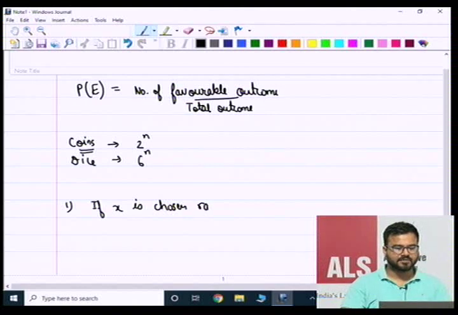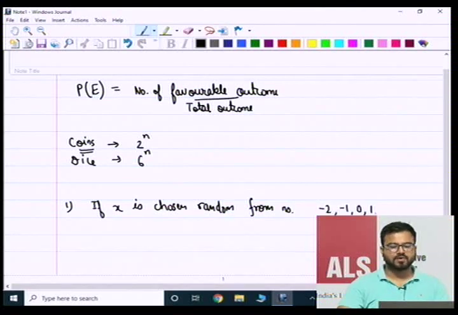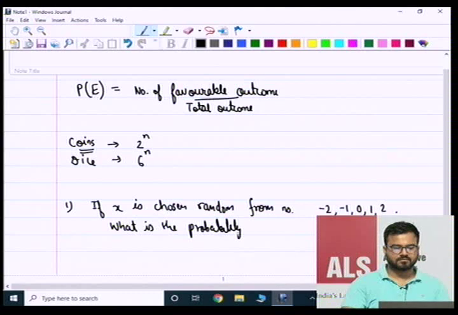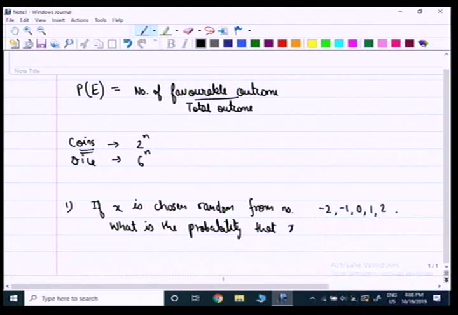If x is chosen randomly from the numbers -2, -1, 0, 1, 2, what is the probability that x square is less than 2? This is the question. We have to find the probability that x square is less than 2.